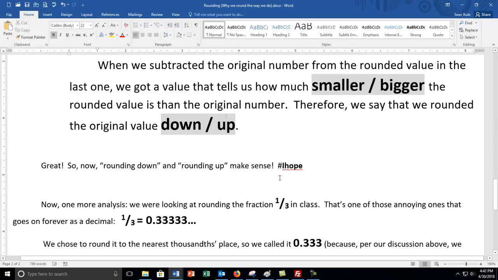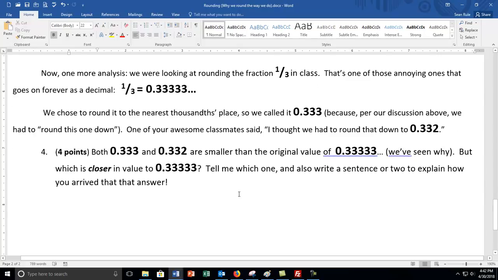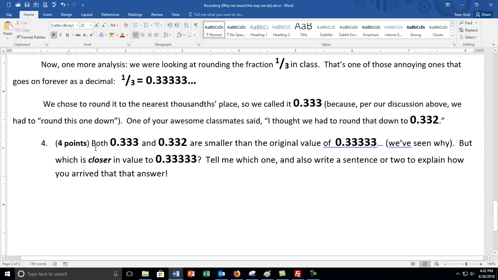Now, there's one last thing I wanted to look at. Since dropping a decimal down, the confusion really existed with rounding down correctly versus incorrectly. I wanted to talk to you about which one of these is actually closer to the value of 1/3.